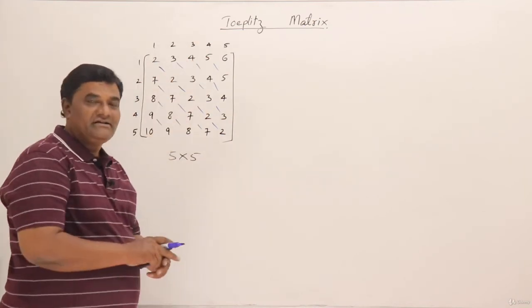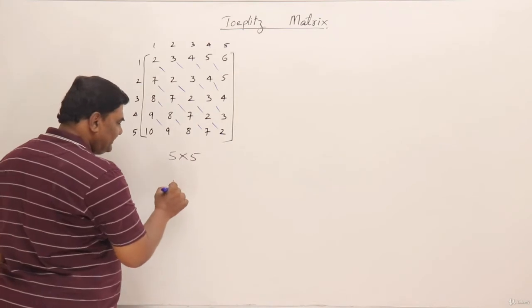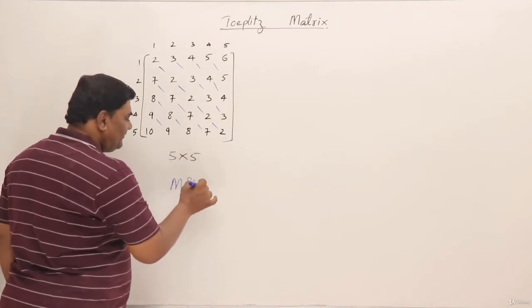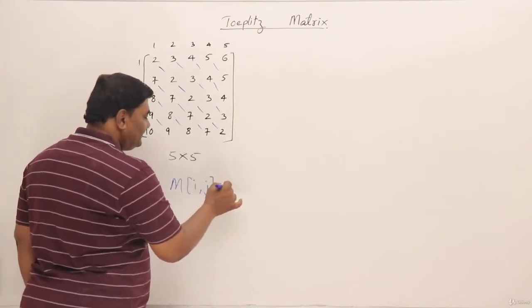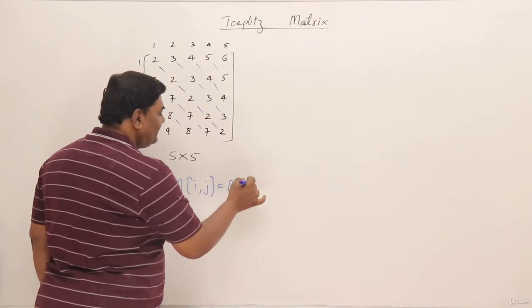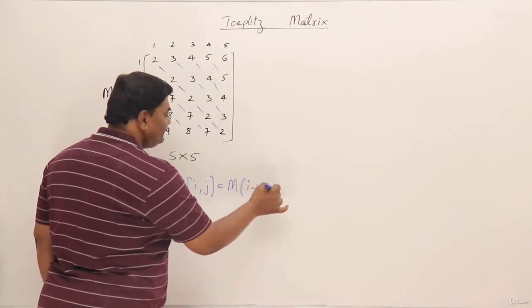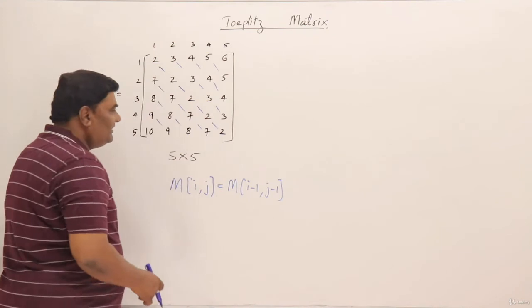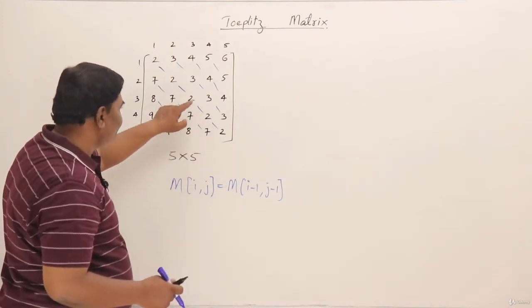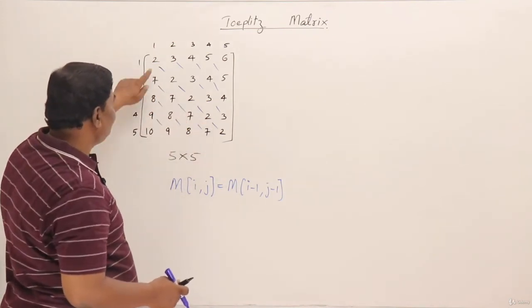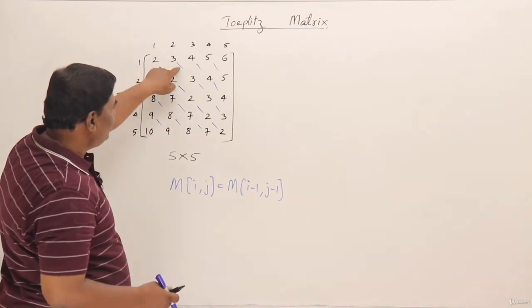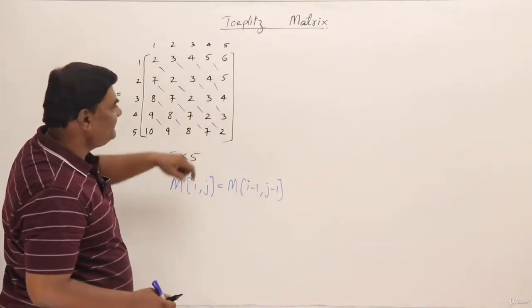So it means that if a matrix is having elements such that m of ij is same as m of I minus 1 and j minus 1. So this element is same as this one, this is same as this one. So which is the original element? This is the original element, we can say. This is the original element for this one, this is the original element.